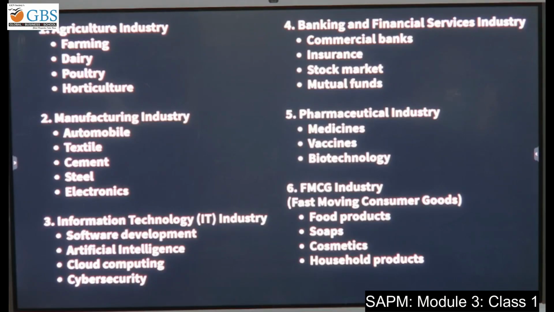Agriculture includes farming, dairy, poultry, horticulture. Automobile, textile, cement, steel, and electronics belong to the manufacturing industry. You should remember this for interviews.